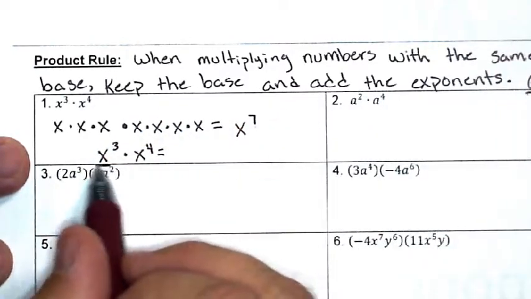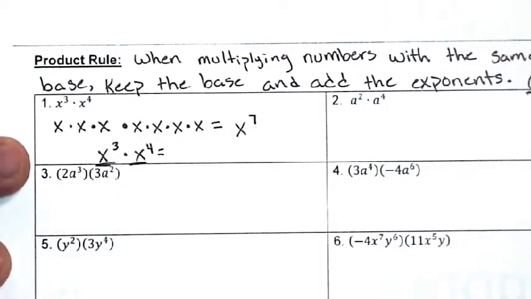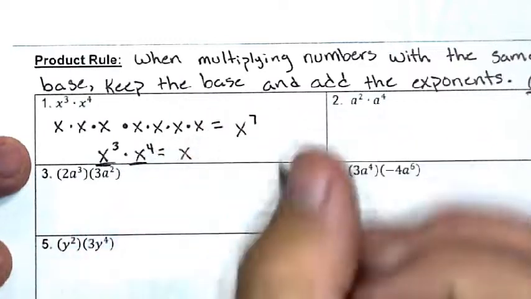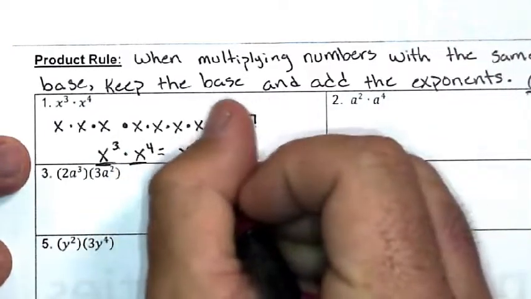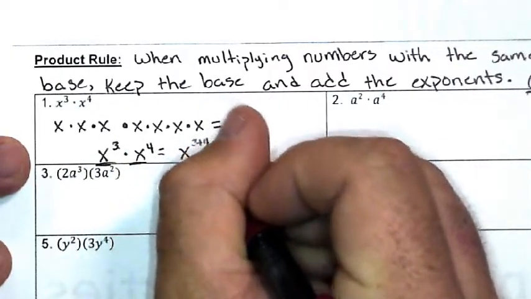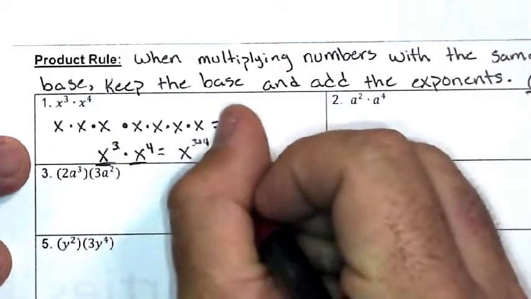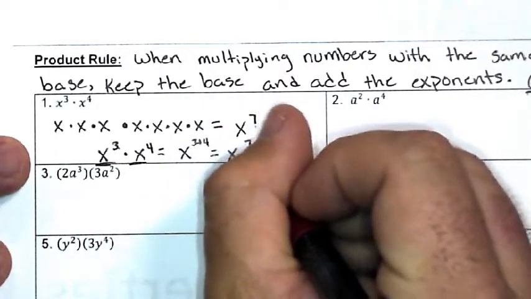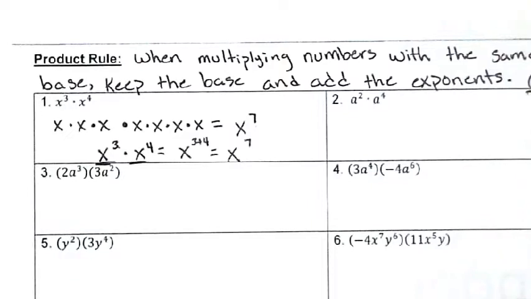The base is the variable that's being multiplied together, x. Then you take the exponents and you just add them together. 3 plus 4, which simplifies to x to the power of 7. Hey, that's the same thing. 7. Okay?